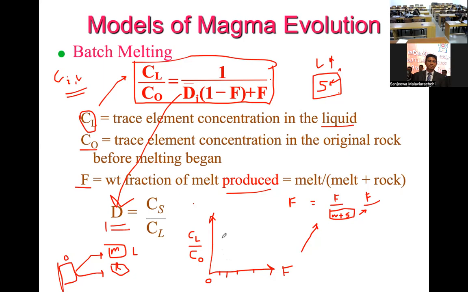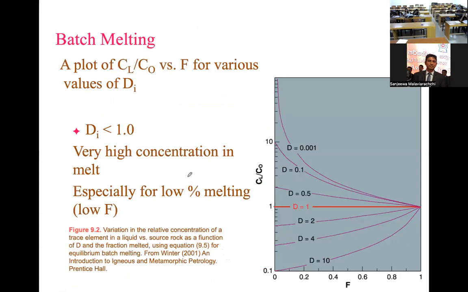So we'll see how that varies and how it is represented in a graph. So a plot of CL over CO, the elemental composition in the liquid divided by that in the original source, versus F, for various values of D.